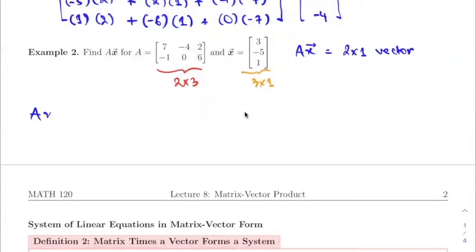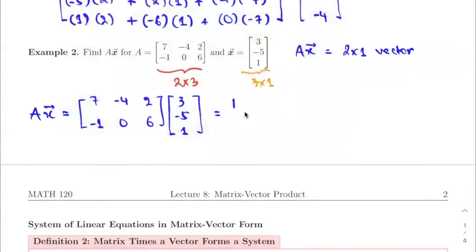So A times X is equal to the matrix A, which has the entries 7, -4, 2, -1, 0, 6, and this is acting on the column vector 3, -5, 1. So this is what you get, right? The first entry is going to be 7 times 3 plus -4 times -5 plus 2 times 1.